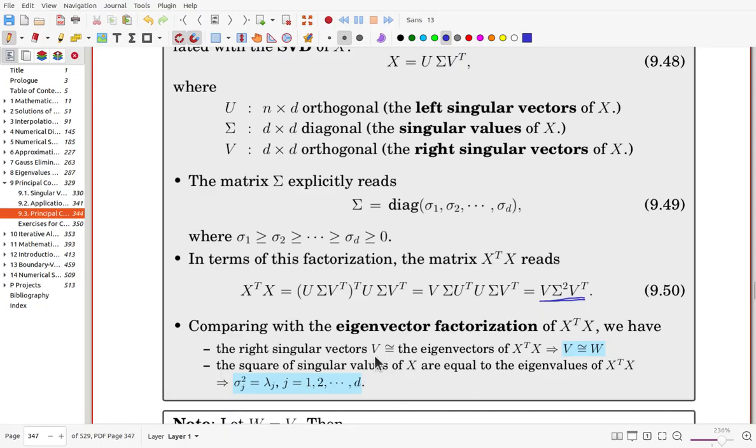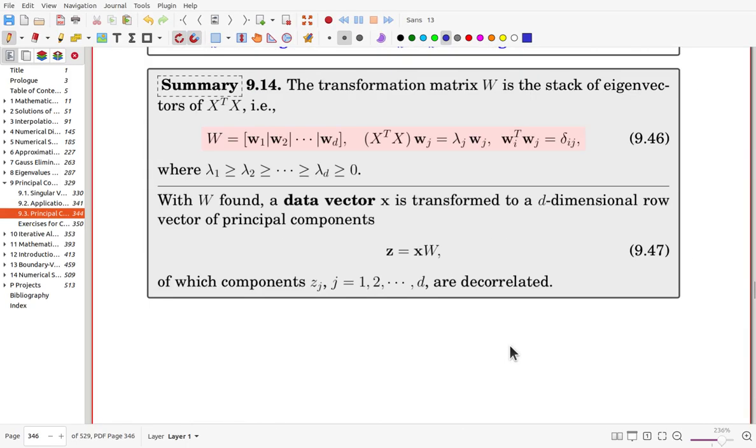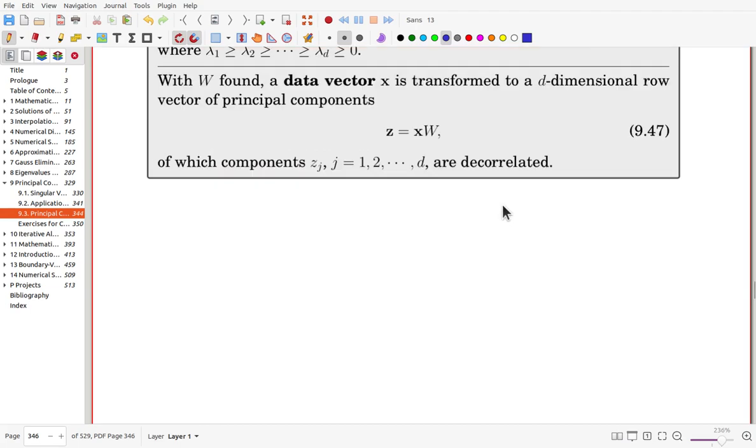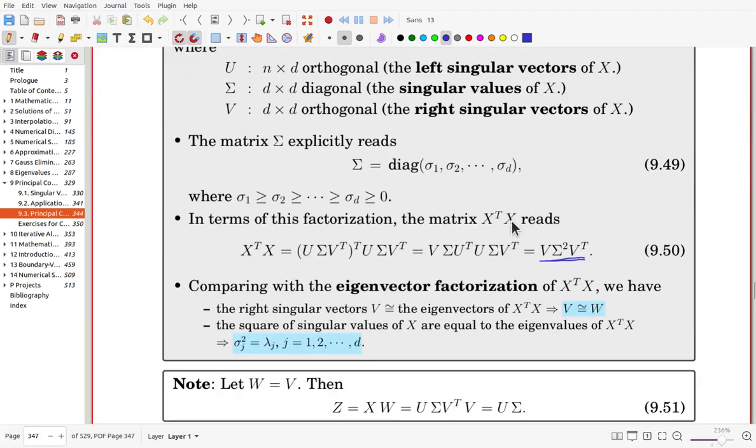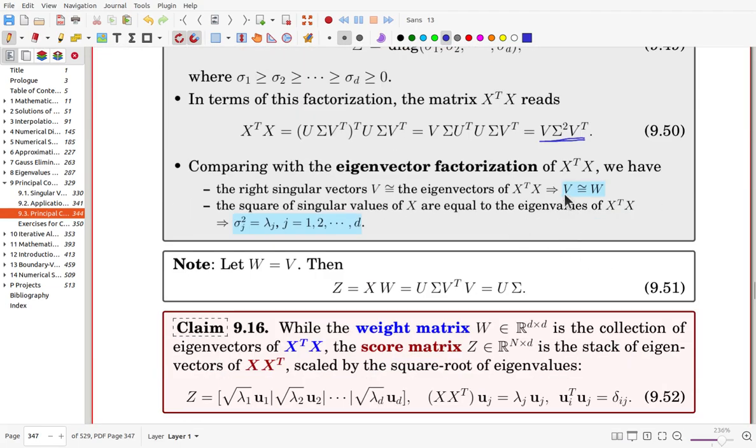The right singular vector V is the eigenvectors of X transpose X. But earlier, we know that W is the stack of eigenvectors. But this one is also the V in the singular value decomposition. V satisfies such an equation, so we can say V is the same as W.